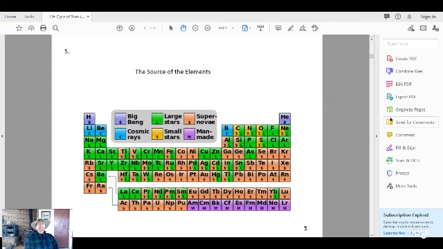Interestingly, when we get to the fifth slide, we start seeing how we tie astronomy and chemistry together. Notice in this source of elements, the Big Bang is only responsible for forming the hydrogen and helium. Now all the green are larger stars. We see that mostly goes up to iron, atomic number 26.